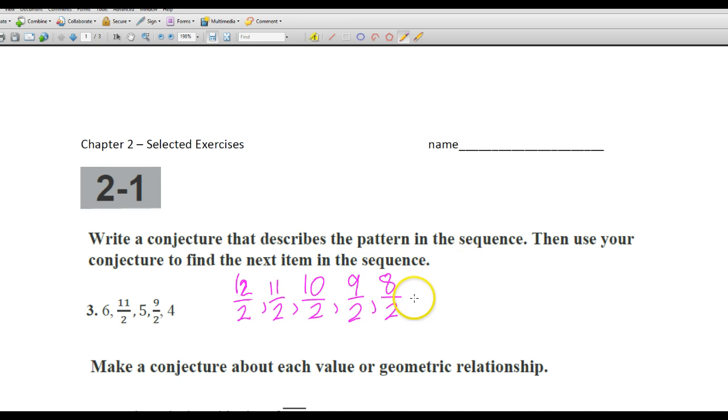So the next item would be 7 halves. It also says write a conjecture that describes the pattern in the sequence.